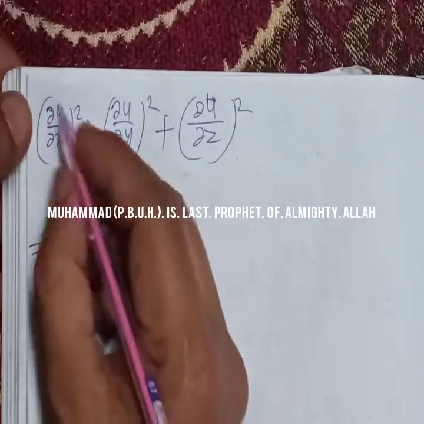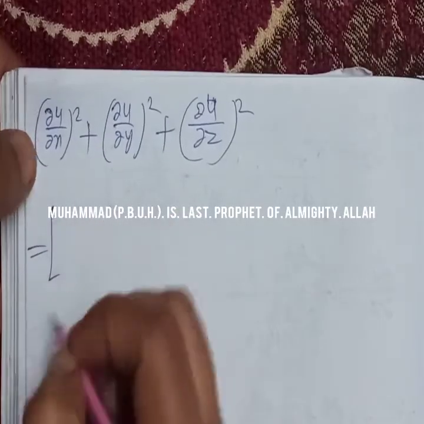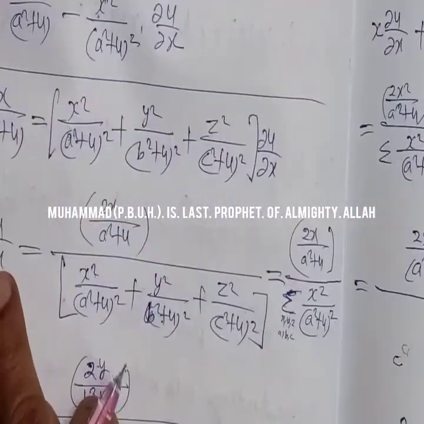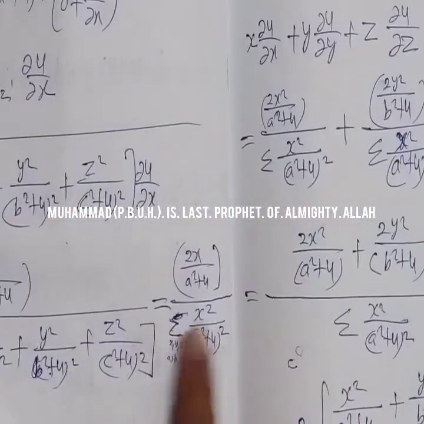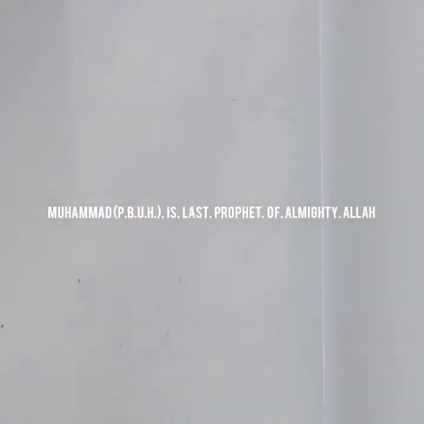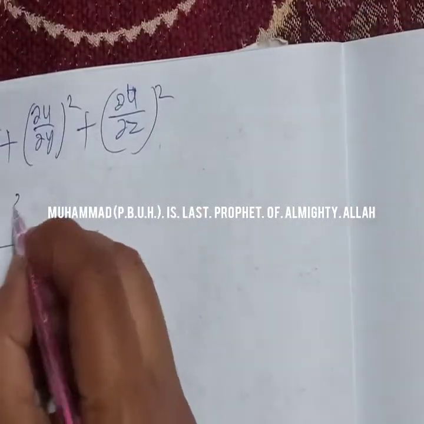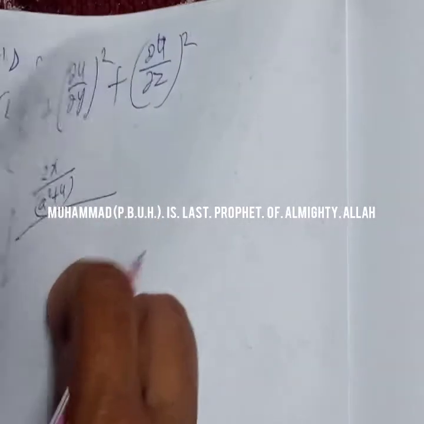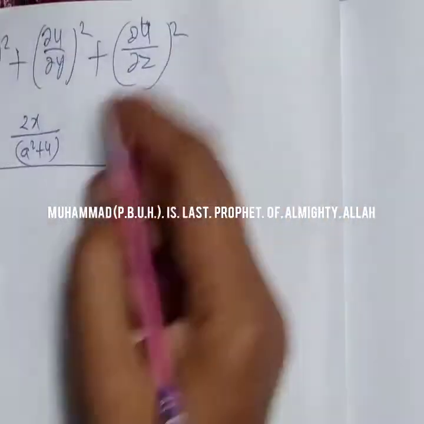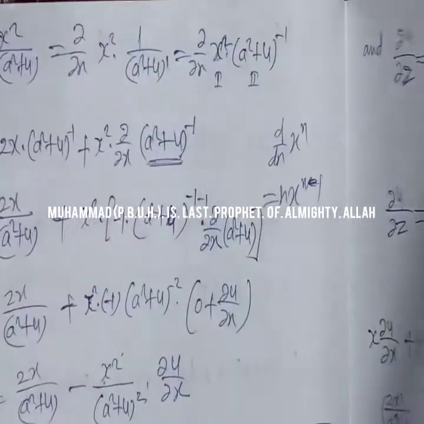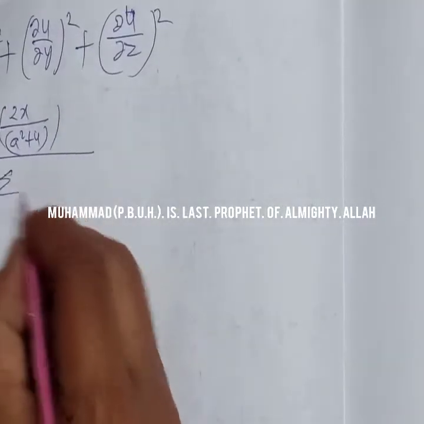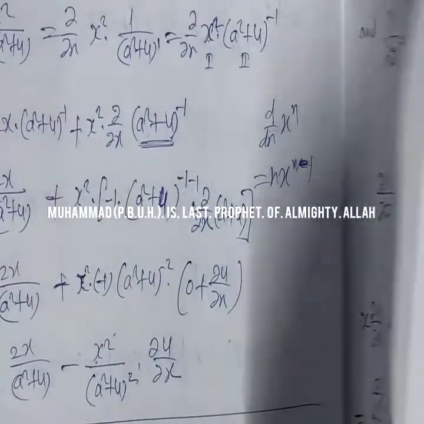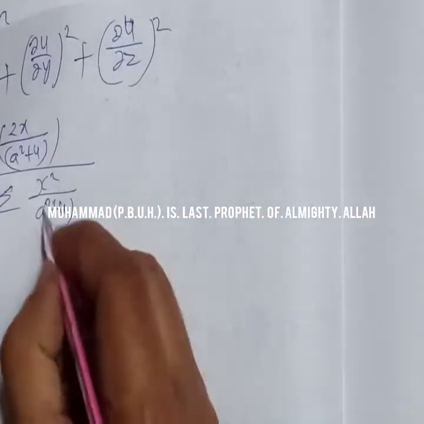Put the values of these in brief notation. So we should write del u over del x equal to this value, which is in brief notation. So I write in the numerator 2x upon a square plus u, and in the denominator its value is sigma x square upon a square plus u whole of square.